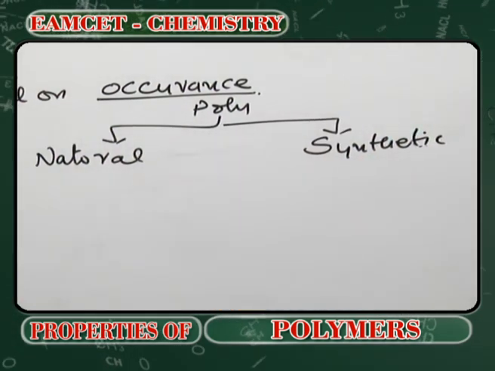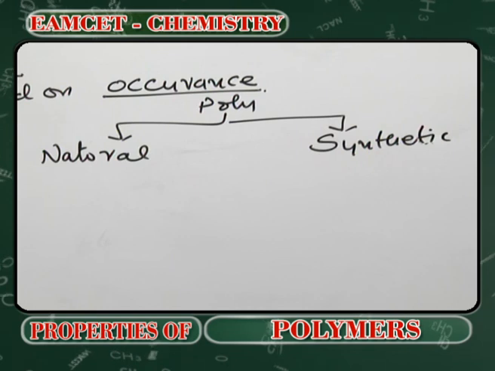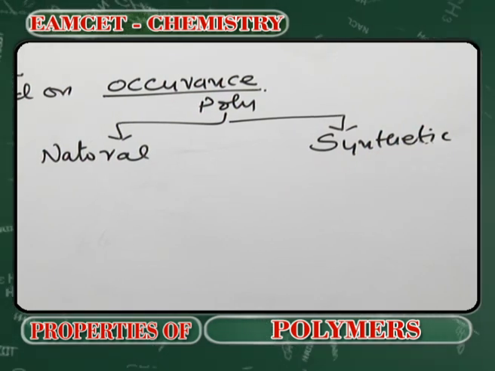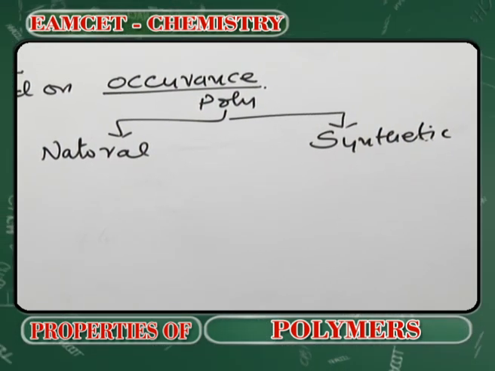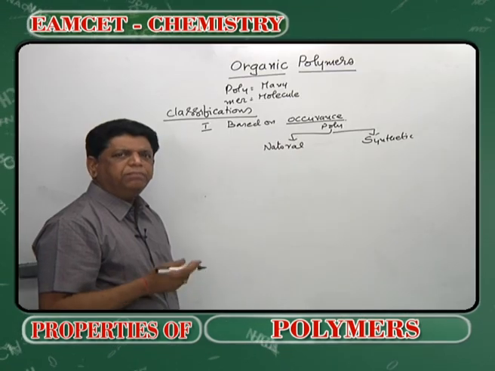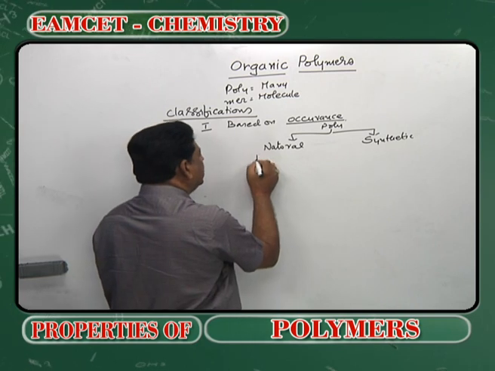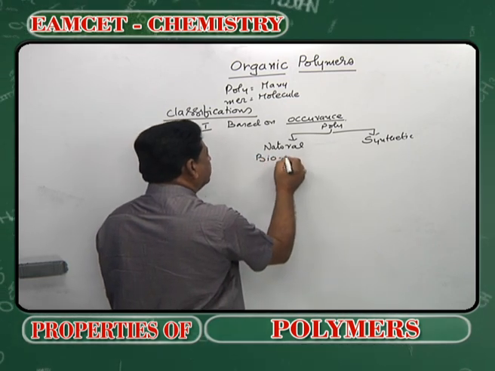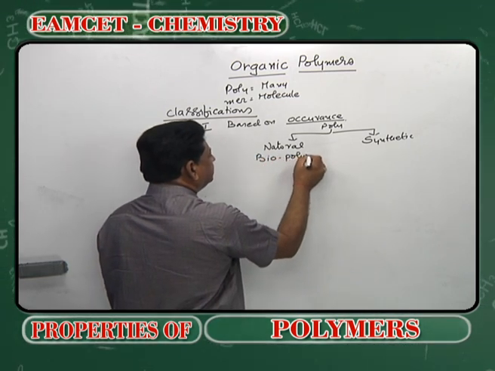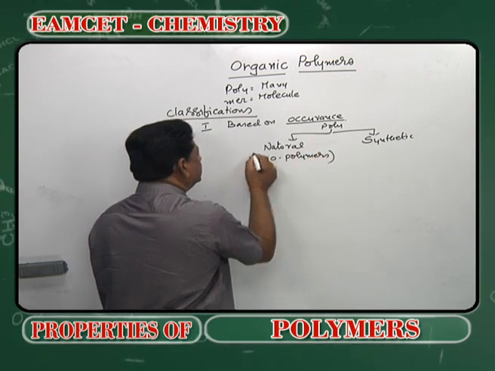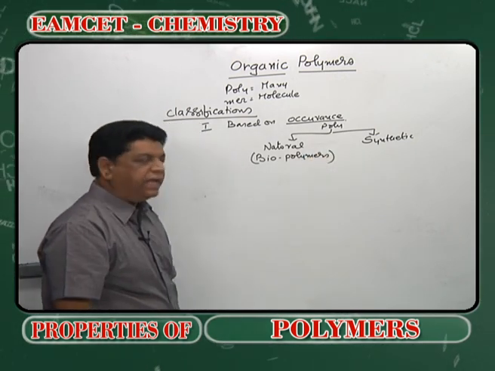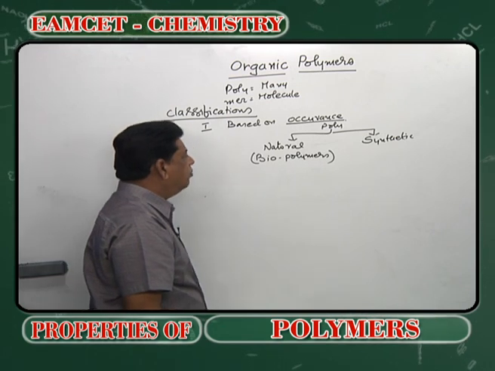Synthetic means man-made polymers. Natural means we are able to get them in nature itself. Especially all the organic molecules derived from either plants or animals. So natural polymers are also called biopolymers.